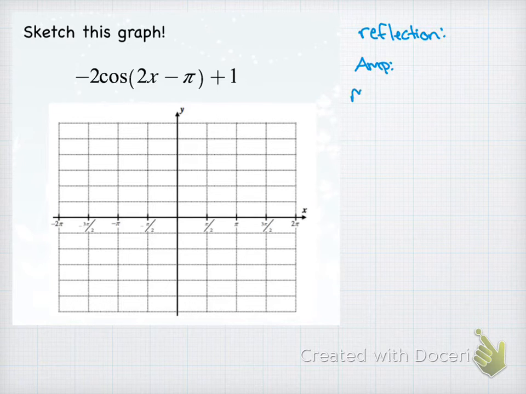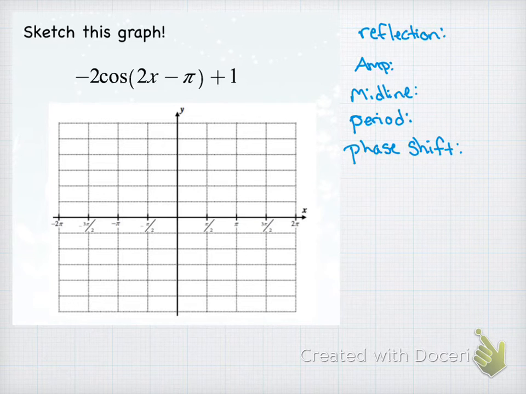What is the midline? What is the frequency or the period? I'm going to use the frequency to determine the period. Those two go hand in hand. And what is the phase shift? If I can figure out all these things, then I will be ready to graph it.